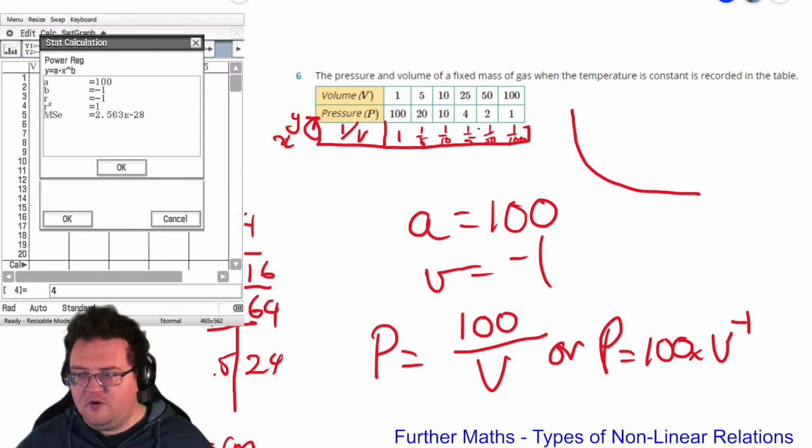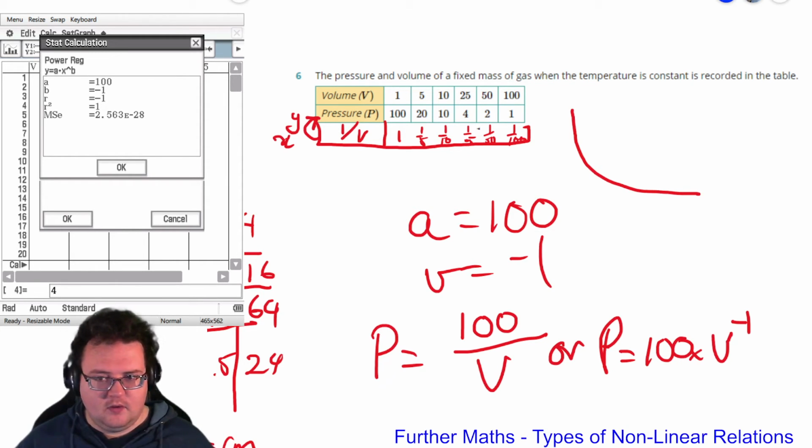All right, both are acceptable, both mean the same thing. But our CAS can help us do these quickly.